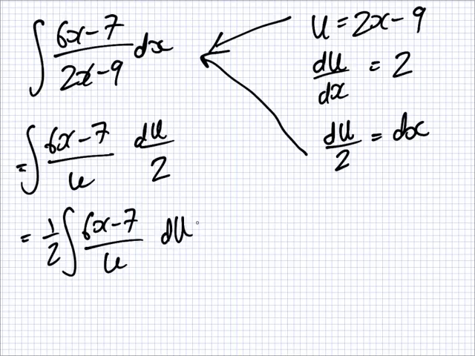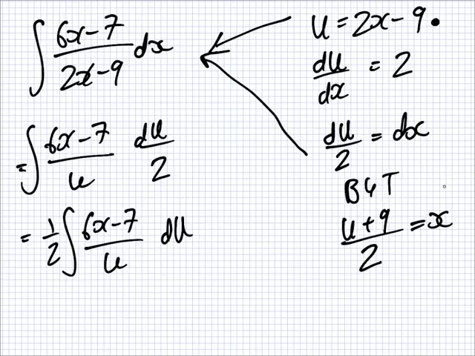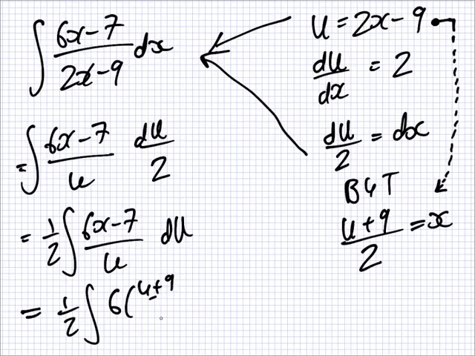Same problem as the last lesson, but we can say u plus 9 over 2 equals x from up here. So this would be a half, 6 times (u plus 9) over 2, minus 7, over u du.